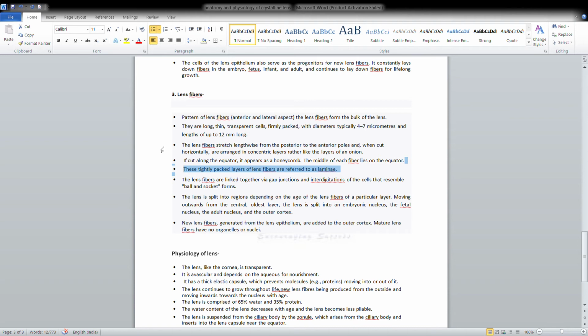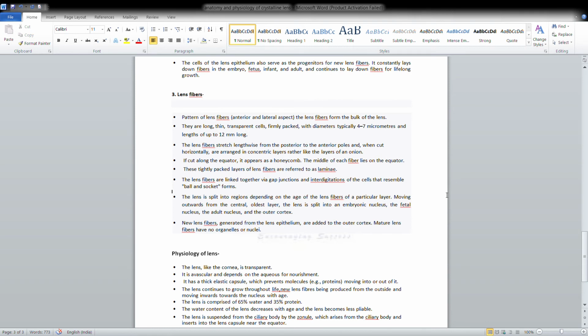The lens fibers stretch lengthwise from the posterior to the anterior pole and, when cut horizontally, are arranged in concentric layers rather like the layers of an onion. If cut along the equator, it appears as a honeycomb. The middle of each fiber lies on the equator. These tightly packed layers of lens fibers are referred to as laminae.